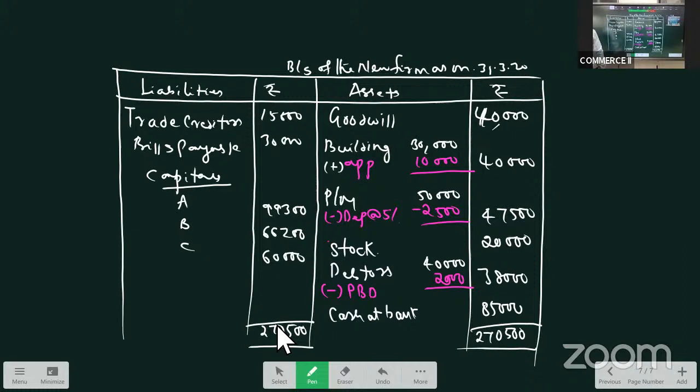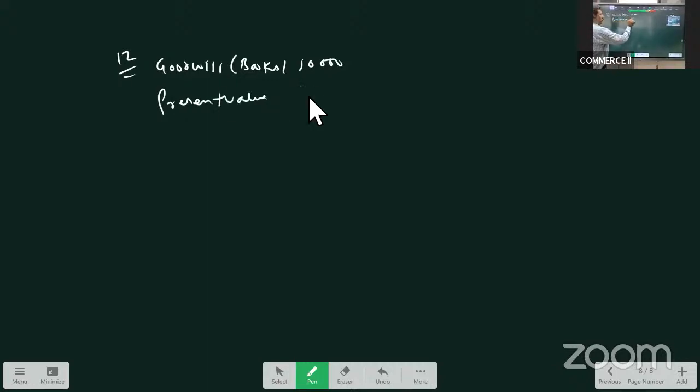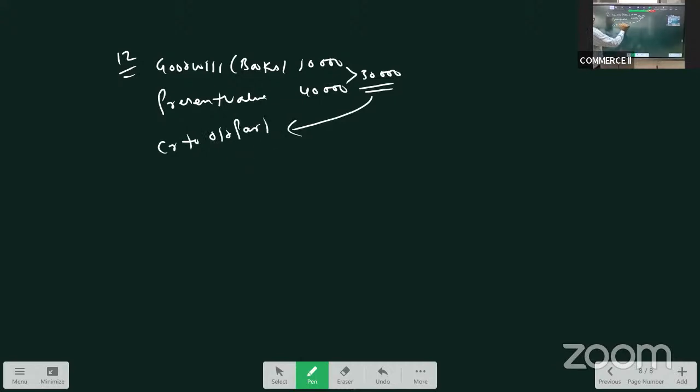So if you see the difference in the last problem, question number 12, goodwill in the books was 10,000 and the present value was 40. So what we did, we credited to all partners rupees 30,000, isn't it?